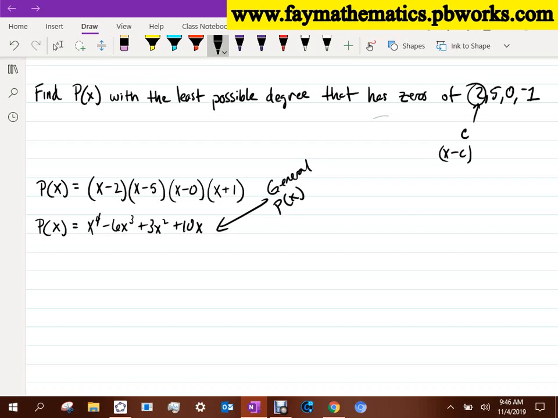Let's say that we have this polynomial, but we also know that it passes through the point 1, 16. Can I plug in 16 right there? That's my P of x, right? Can I plug in 1 here?